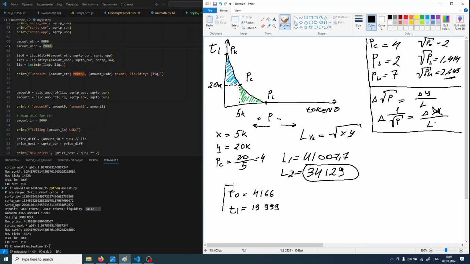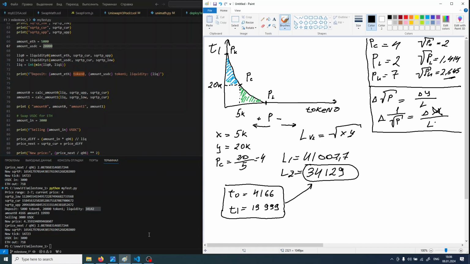So these assets will create liquidity of 34,142. It's not a big deal that these numbers are not exactly equal. The calculations are right. Okay.